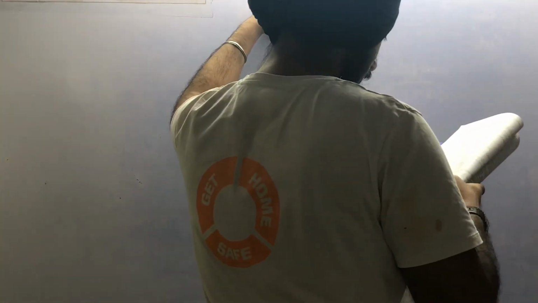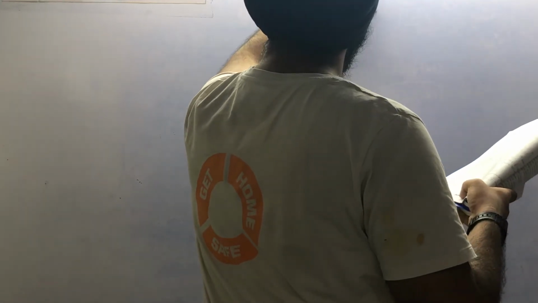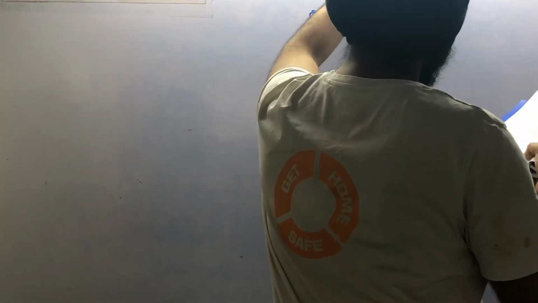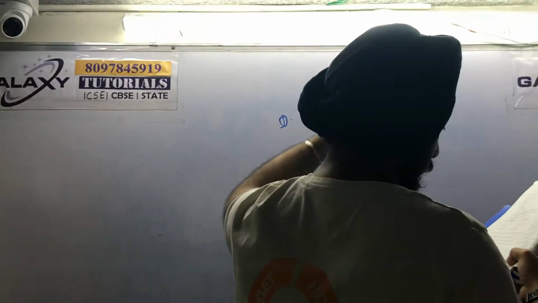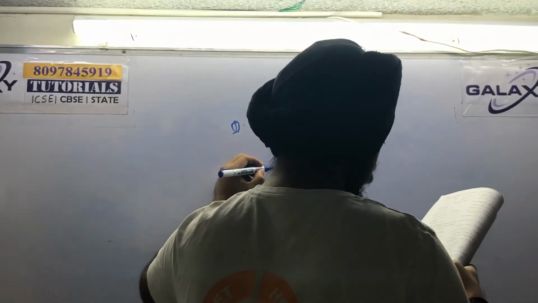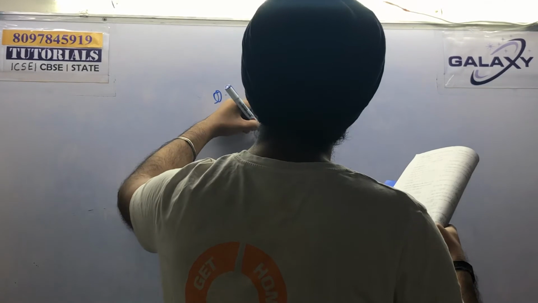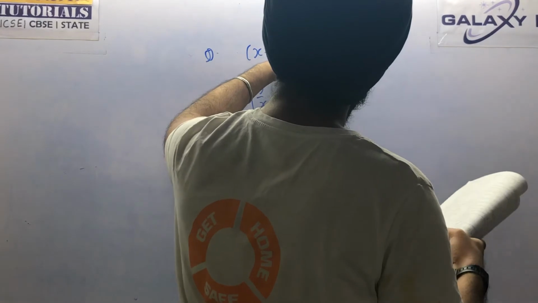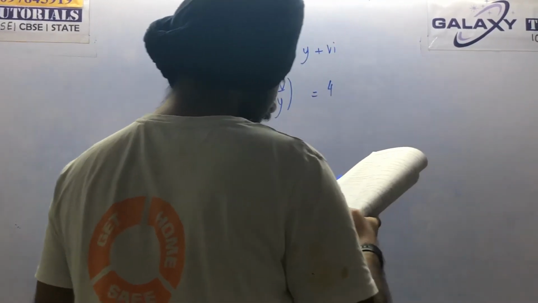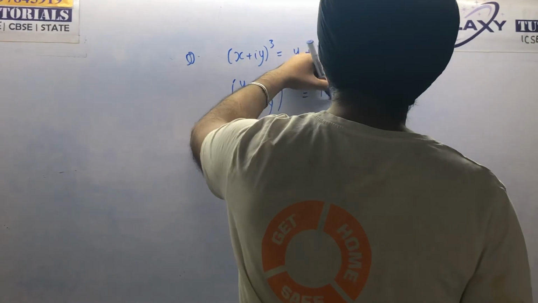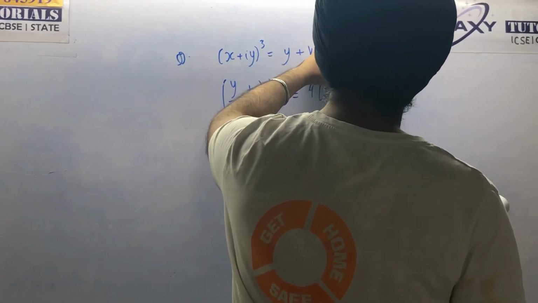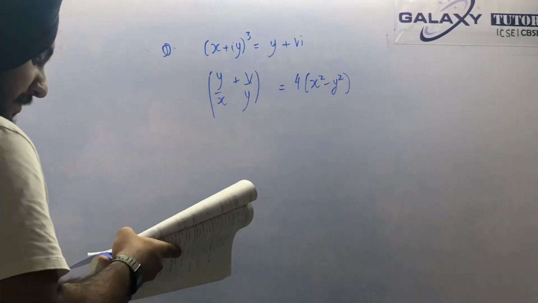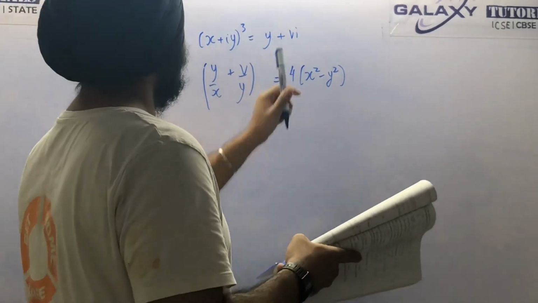Next one. Okay, so this is your next question. (x plus iota y) whole cube is equal to u plus iota v.